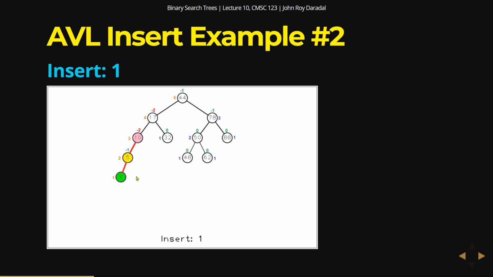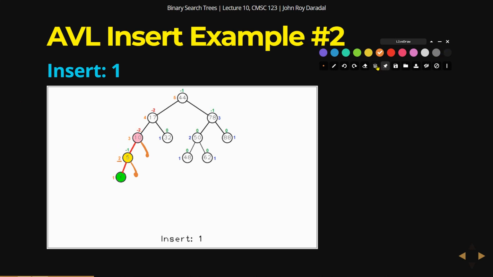In 5, you can imagine that there's a null node here, so that would be 0 minus 1, so it's negative 1. That's still valid. But here you have a 0 minus 2, because this one has a height of 2 already, so that would be negative 2, and that is already a violation.